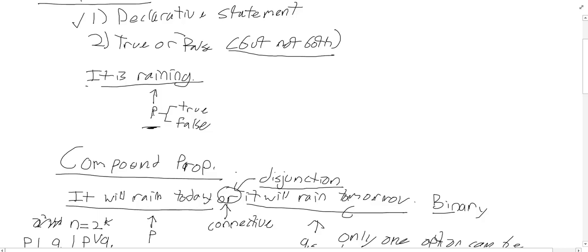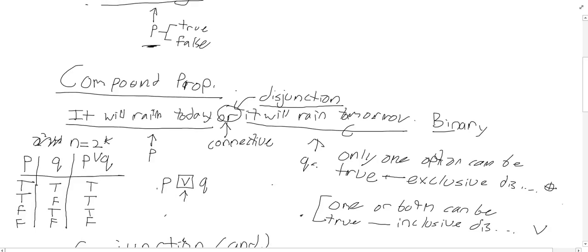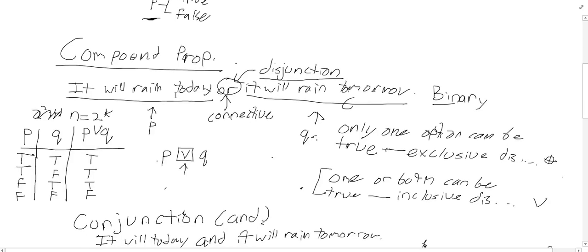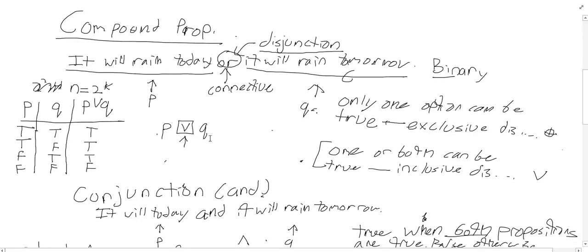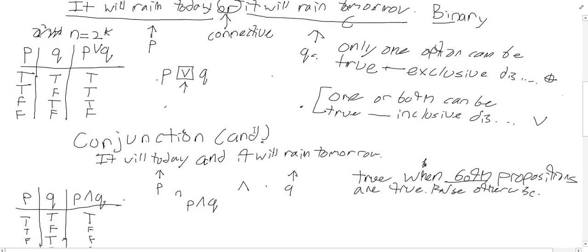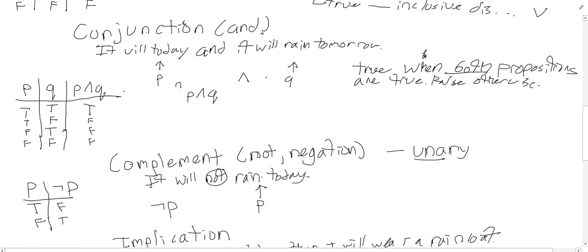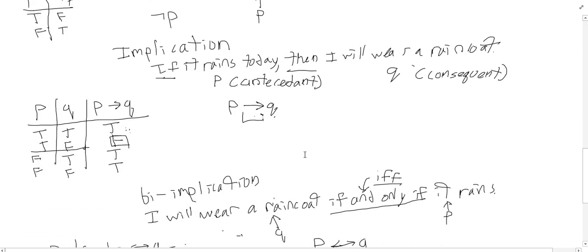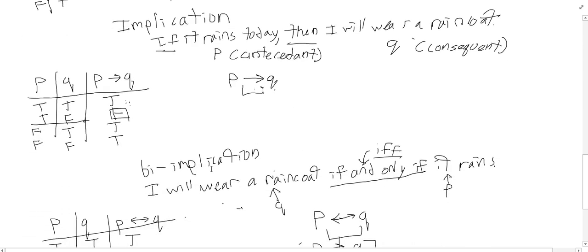And using these variables together with connectives, you can string multiple propositions together to form compound propositions, such as P or Q. It will rain today or it will rain tomorrow. You can also use and, not, and for if-then statements, you have the implication and the biconditional.